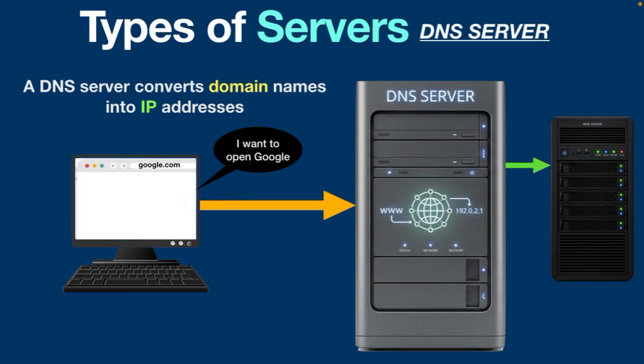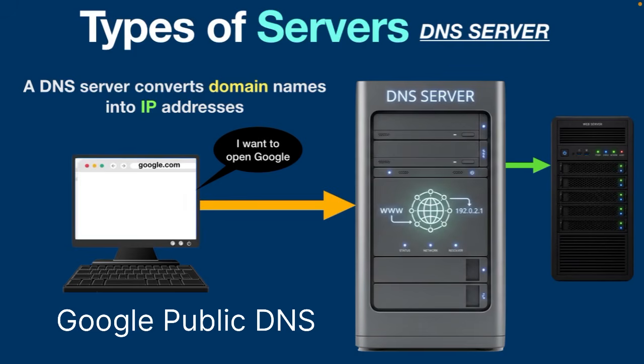This process happens in milliseconds and often uses cached results to speed things up. DNS servers are crucial for making the internet easy to use, acting like a phone book that maps names to numerical IP addresses behind the scenes. Google Public DNS is the famous example.